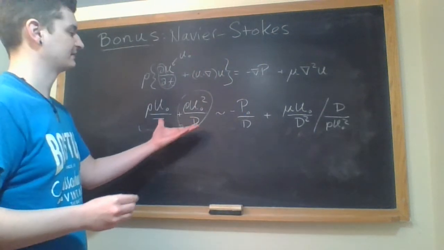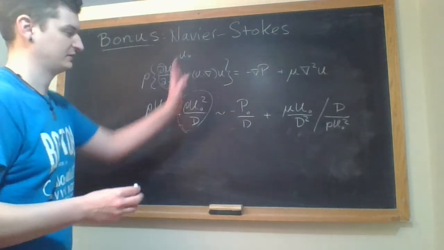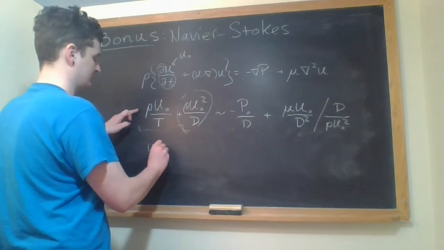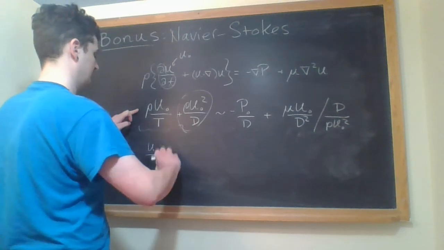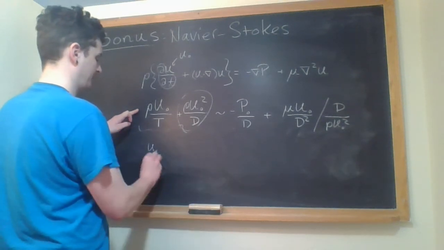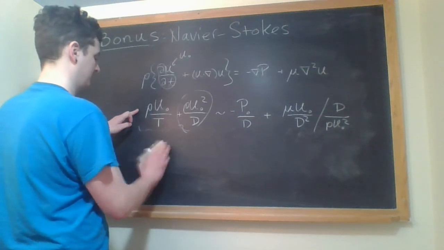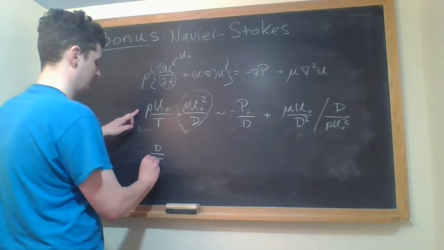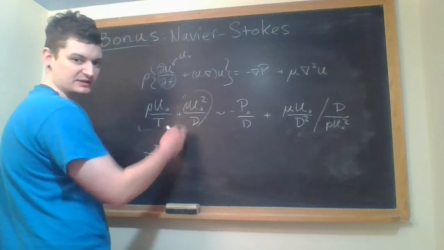And what I've done is I'm dividing the inertia term with the viscous term. So after you do this, you'll have over here the U naught T. This just becomes 1.